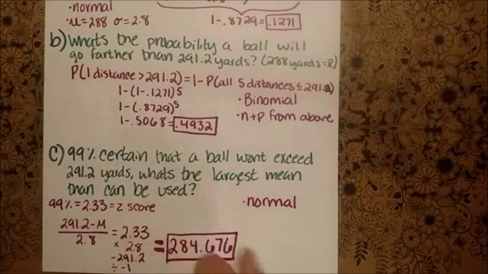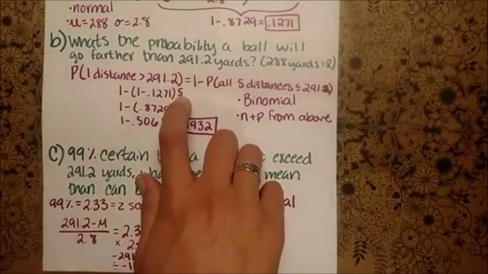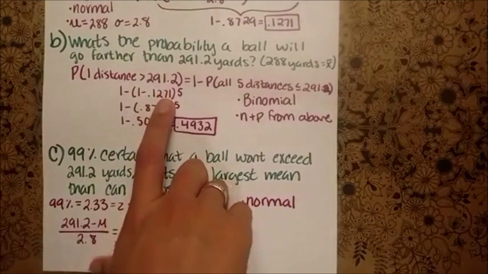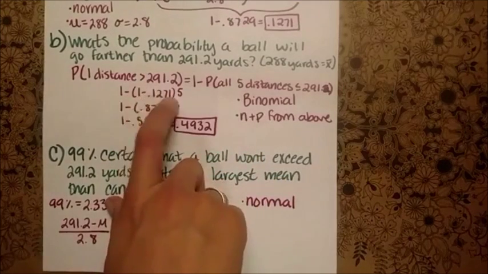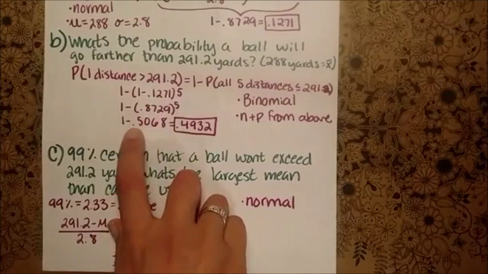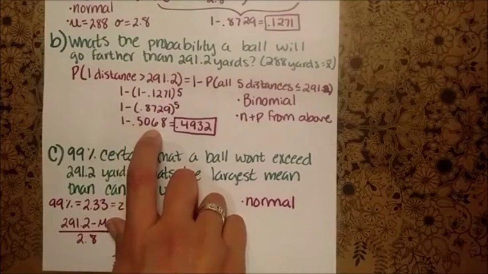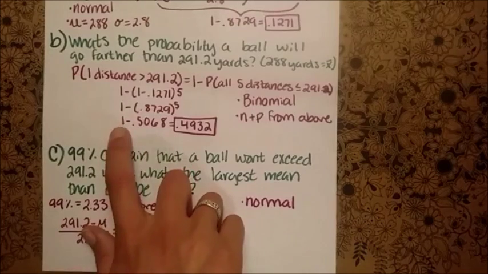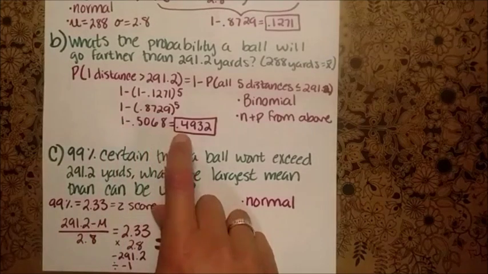Since you have 5, you're going to exponent to 5. This is your regular 1, and so you're going to do 1 minus that one, and then exponent to 5, so then you get 0.5068, and then you 1 minus that, and you get 0.4932.